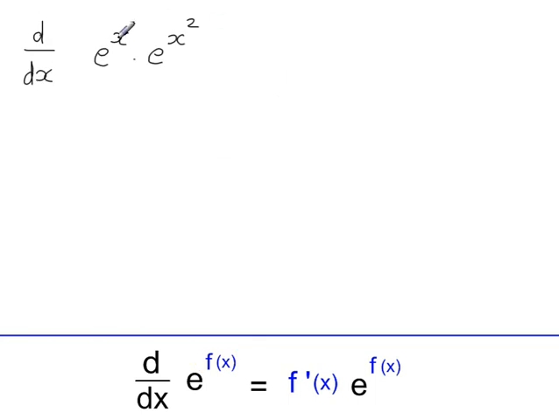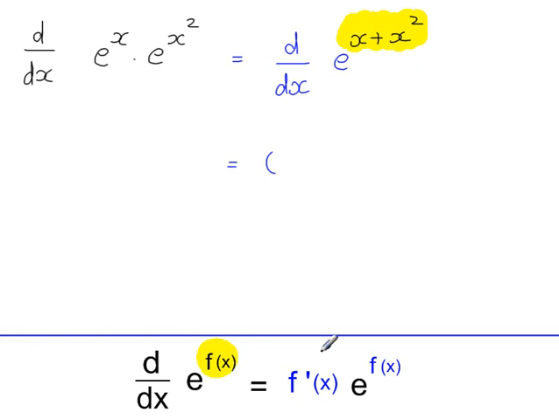In this example, the bases are the same, so we can add the indices. So we're differentiating e to the power of x plus x squared, and then differentiating, starting with the x plus x squared, which is the f of x in the formula, this part here.